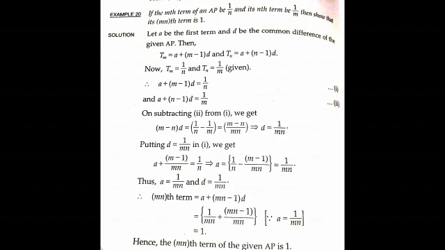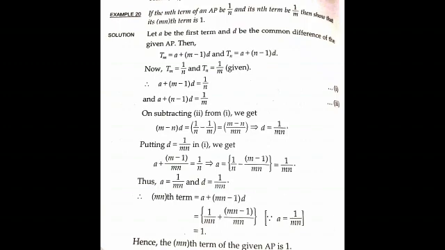On subtracting equation 2 from equation 1, we get (m minus n) into D equal to 1 by n minus 1 by m, which after simplification equals (m minus n) divided by mn. So we have D equal to 1 by mn.